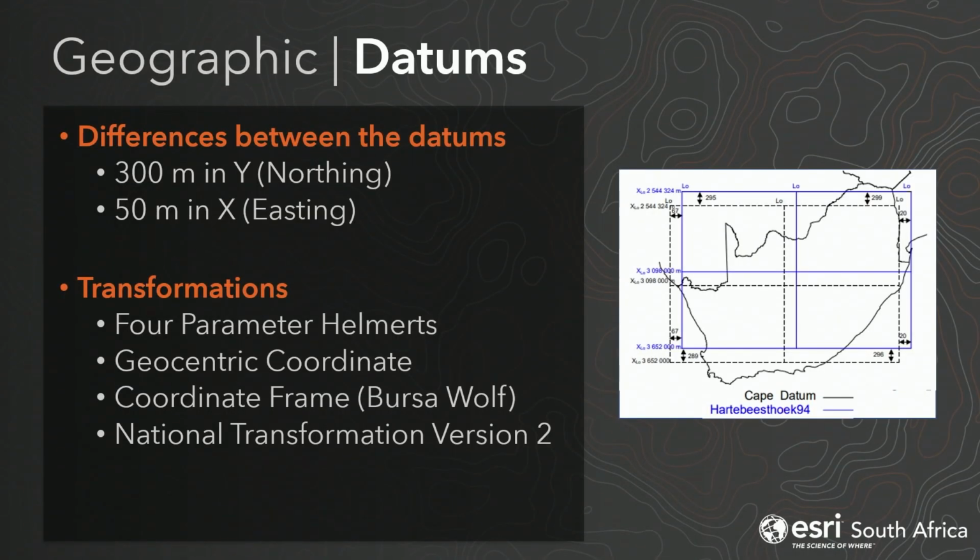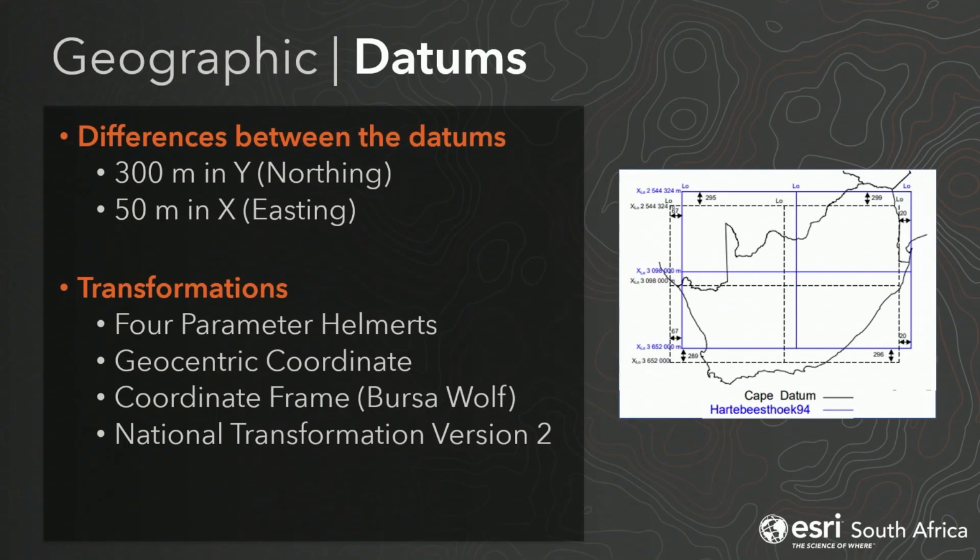So what is the difference between Cape and Hartebeeshoek? Well, about 300 meters in north and 50 meters in east. And this is just something that has to be accommodated and taken into account when we start capturing data. So if all your data is in one datum, i.e. Cape, it's fine. But if you've got data in Cape, but you're now capturing data in Hartebeeshoek, now you have to start taking that into account, because the data will actually not match.